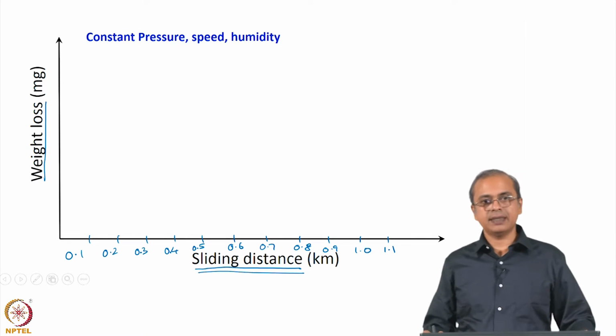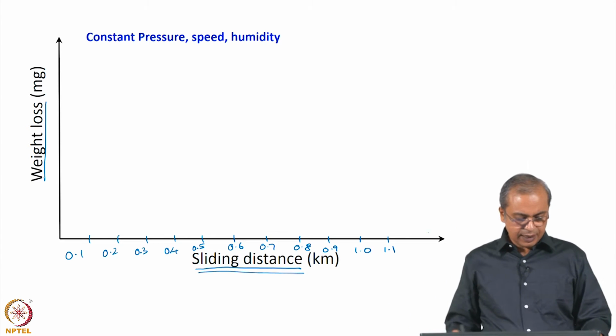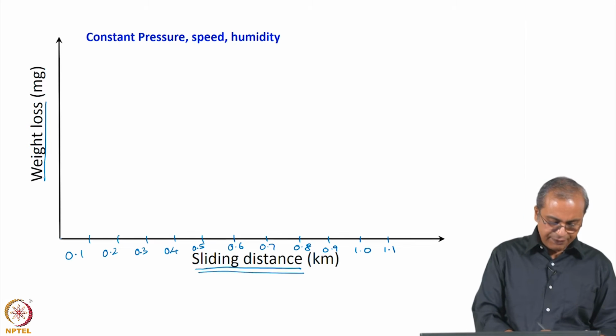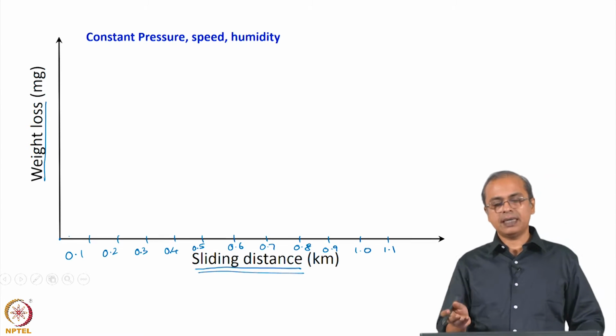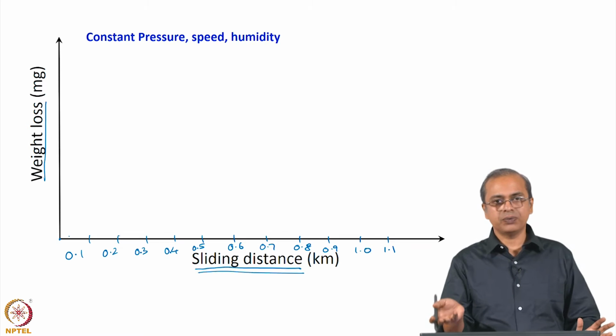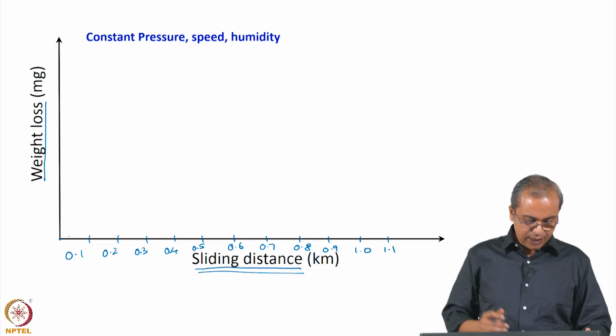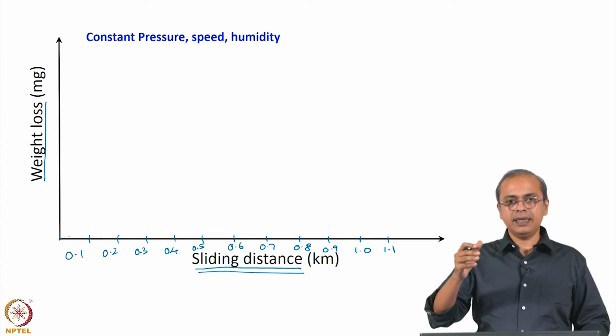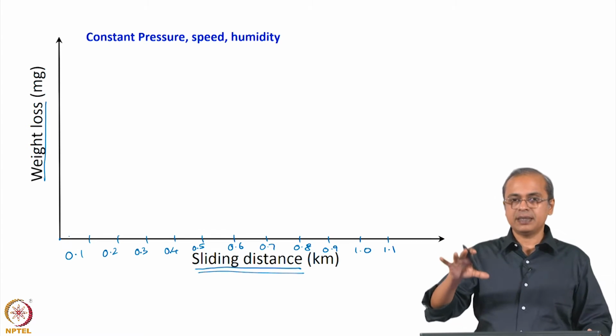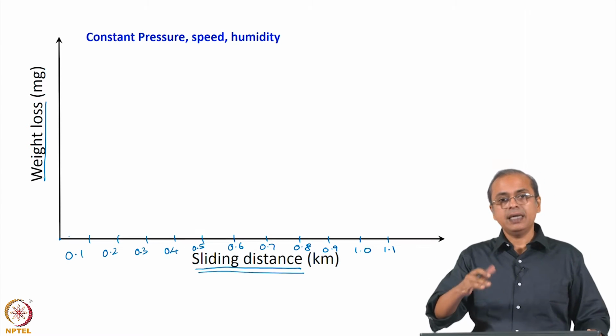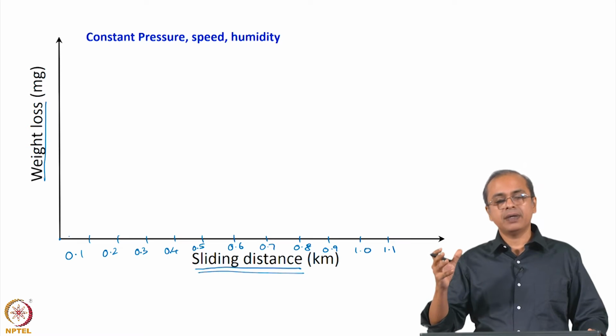So, this is the distance that has travelled. When you start off, obviously there is no weight loss; you start with whatever weight you measure of the sample, that is your starting weight. So, at every 100 meters that the sample has travelled on the pin on disk test, you halt the test, take out the pin and then weigh the pin.